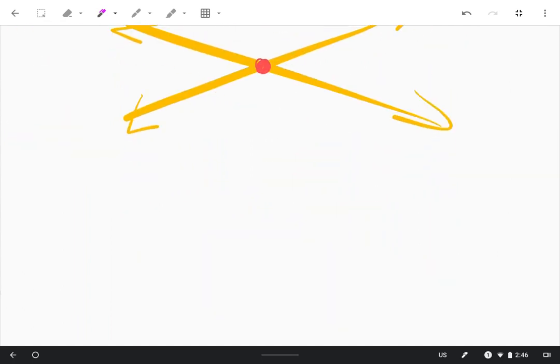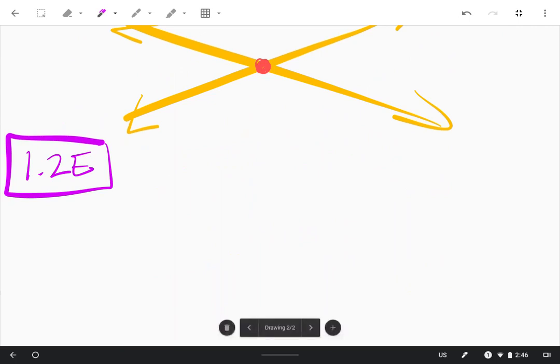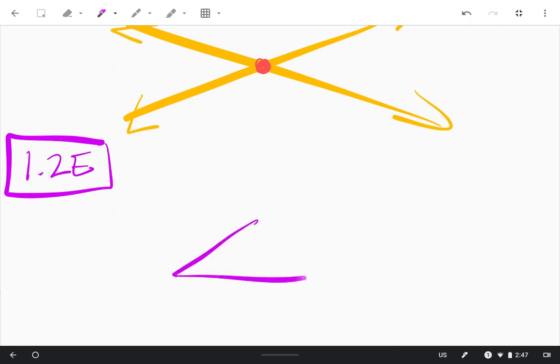And then our last one is probably the hardest one to illustrate, 1.2e. It says that when there are 2 planes, then they intersect in exactly 1 line. I think the easiest way to think about this is if you're sitting in your room and you have the floor of your room.